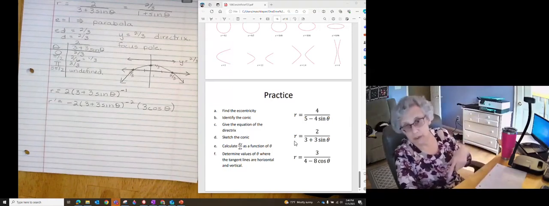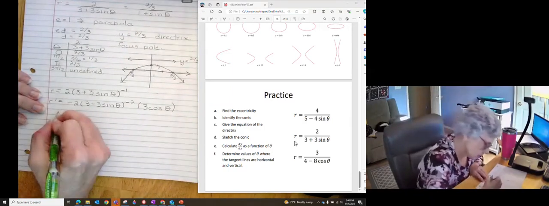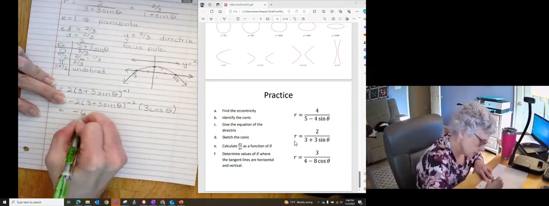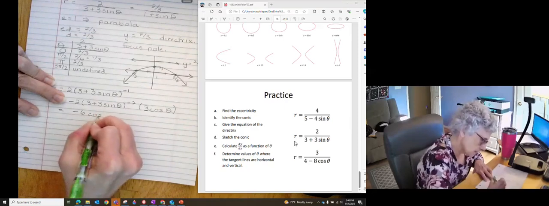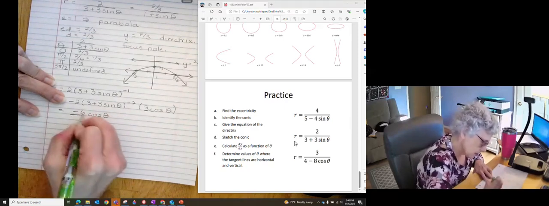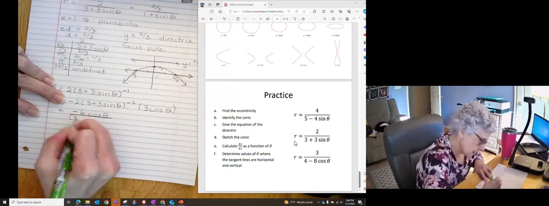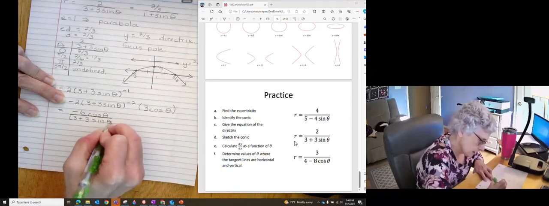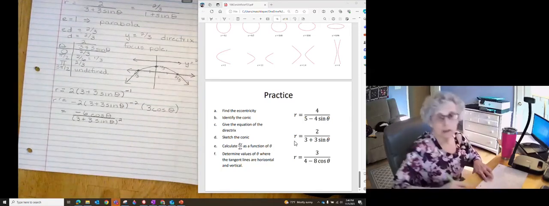Now that I differentiated it, I'm going to make it into a rational expression again. So I have minus 6 cosine theta over (3 plus 3 sine theta) squared.